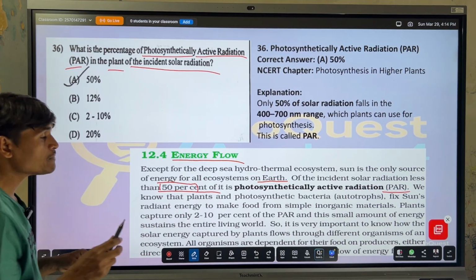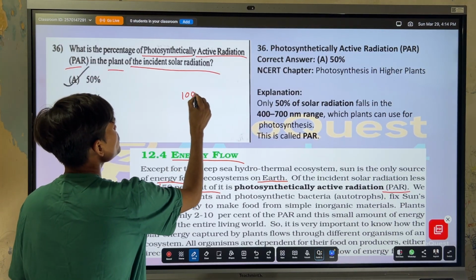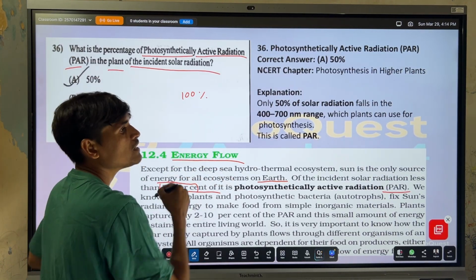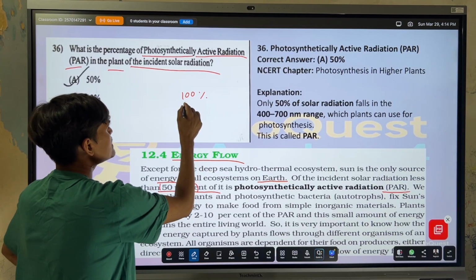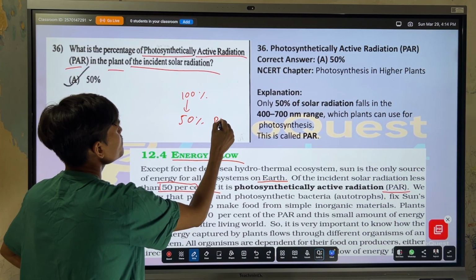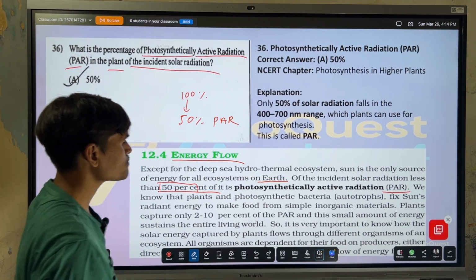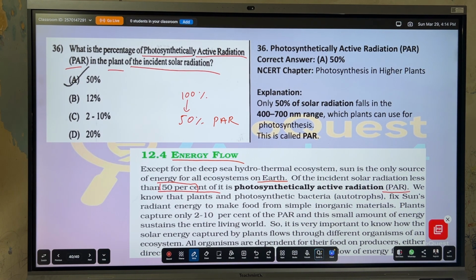50%. If the sun is giving you 100%, for example, 100% of sunlight, out of that 100% incident sunlight, only 50% is called PAR, photosynthetically active radiation.